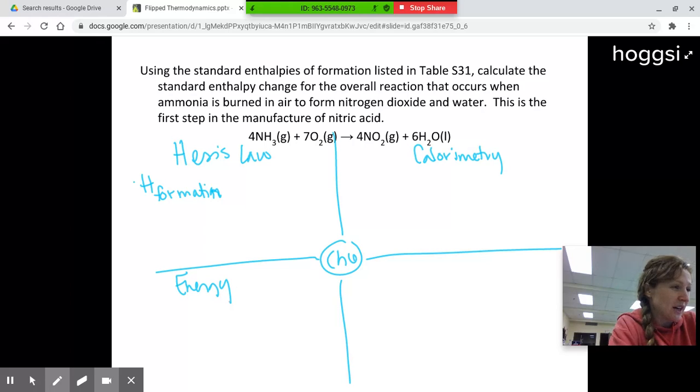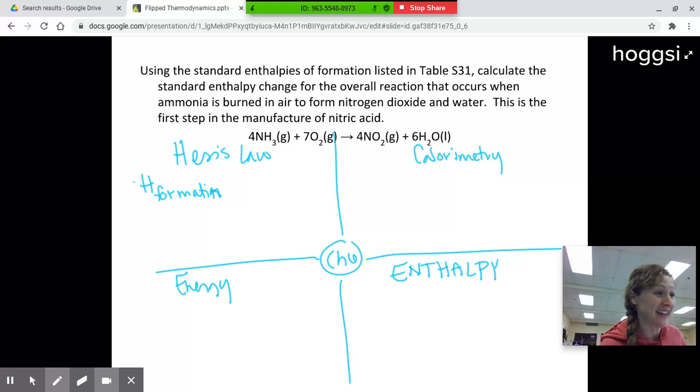What would heat under constant pressure be? Heat under constant pressure is called enthalpy. Yeah, I would certainly put enthalpy as its own category.